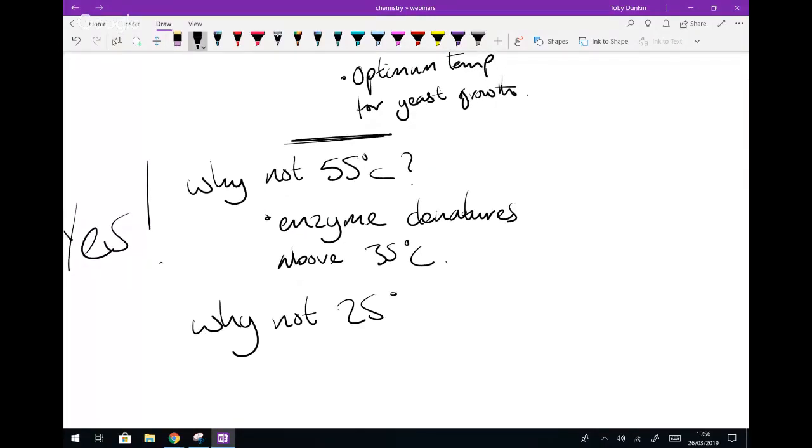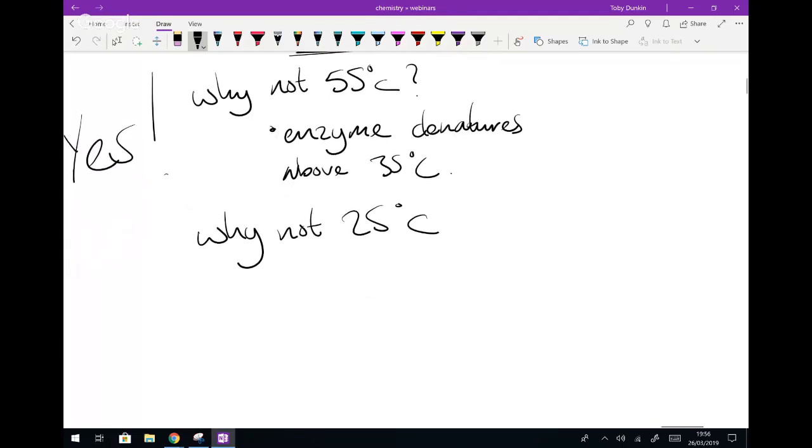Why not 25 degrees Celsius? How many people are going to say not optimum temperature? Lose your mark. Not allowed it, folks. Why not? It would work. Active sites, enzymes are inactive? Nope, it will work at less than 35. Absolutely will. And that's the point, isn't it? It slows down. Well done, Dana.